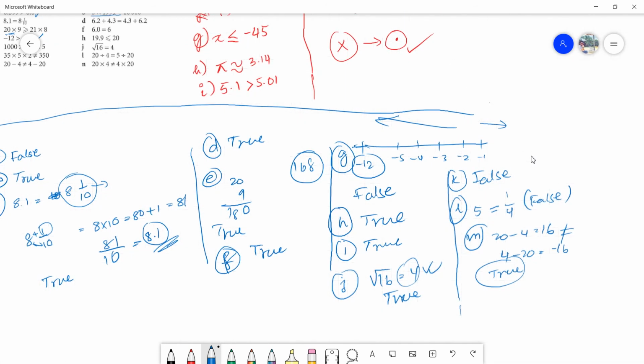And then we have N. 20 times 4 is not equal to 4 times 20. It's false because 20 times 4 gives you 80, which is equal to 80, but a wrong statement is given.